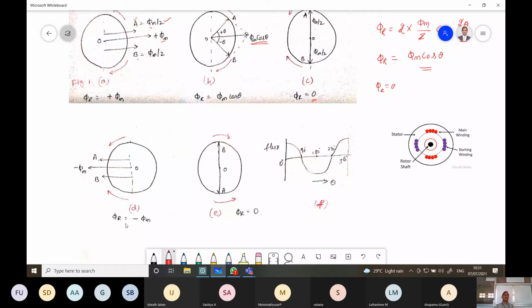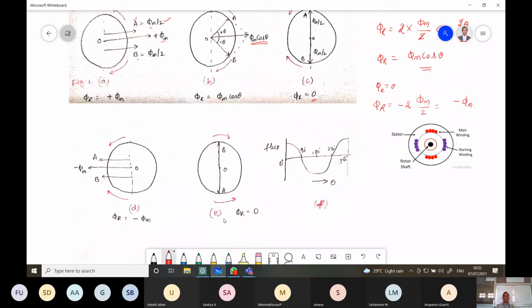In figure D, the resultant vector will be minus phi m, because here phi r is equal to minus 2 times phi m divided by 2, so minus of phi m. That is the resultant in the case of figure D.